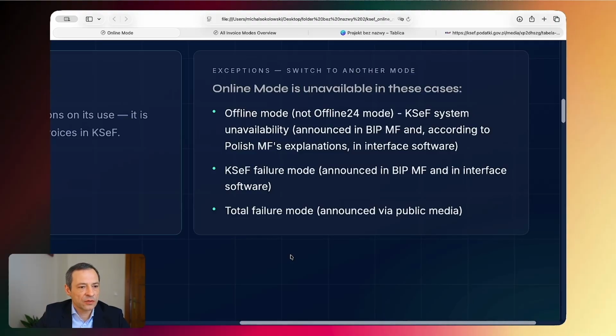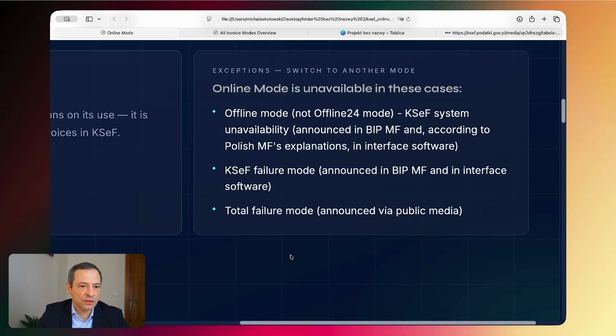Then case number 2, where the online mode is not available, is the case where the Polish National Electronic Invoicing System is not working due to some failure, and at the given moment the works are being conducted in order to identify this failure and get rid of it.